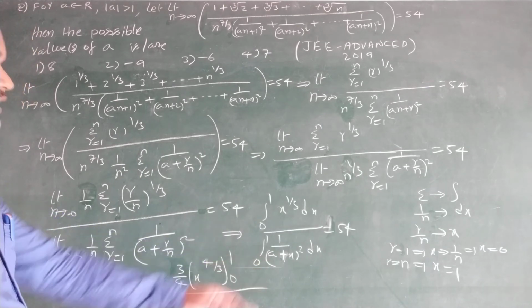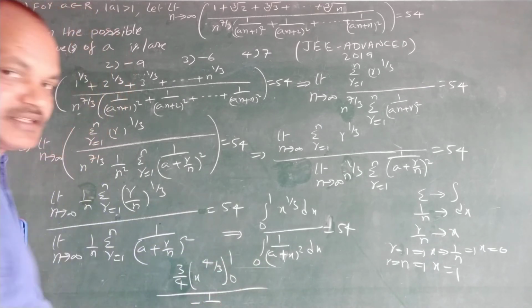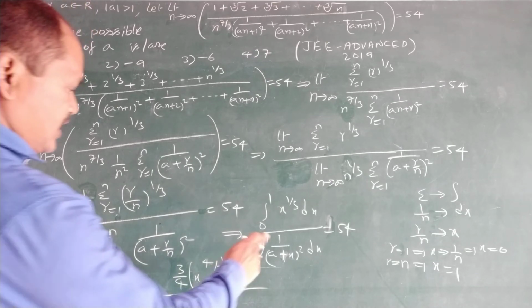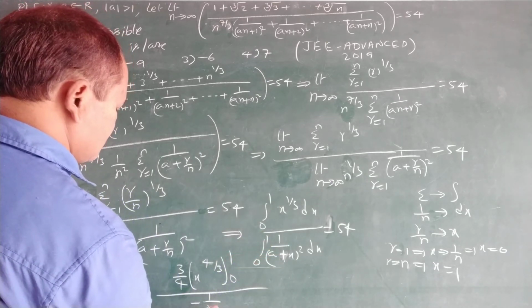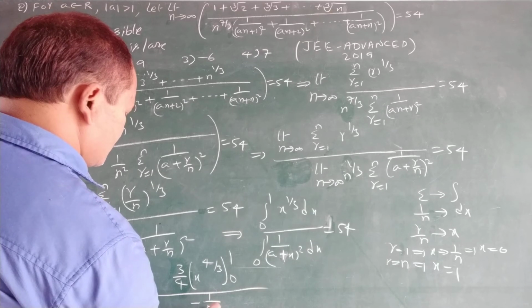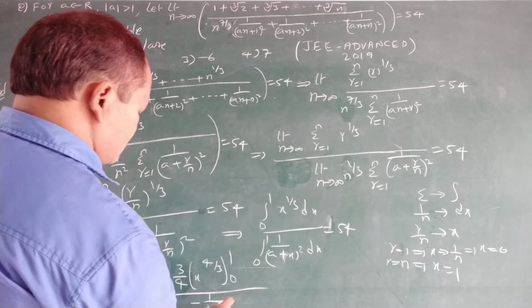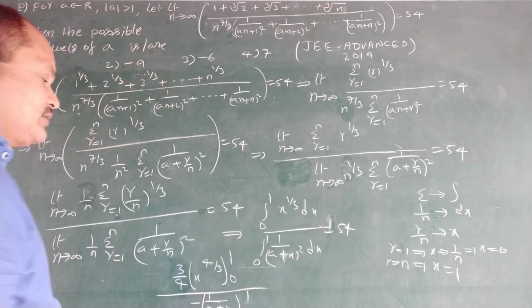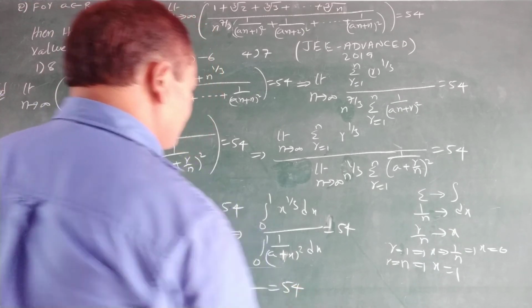In the denominator, the integration is minus 1/(a + x) under the limits 0 to 1, is equal to 54.